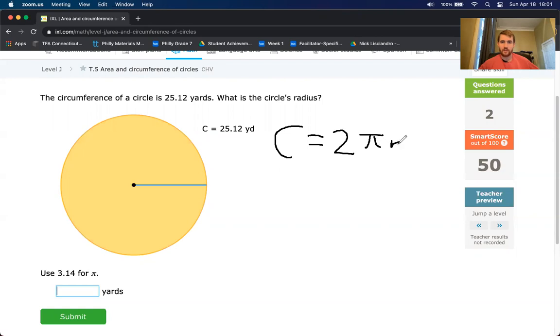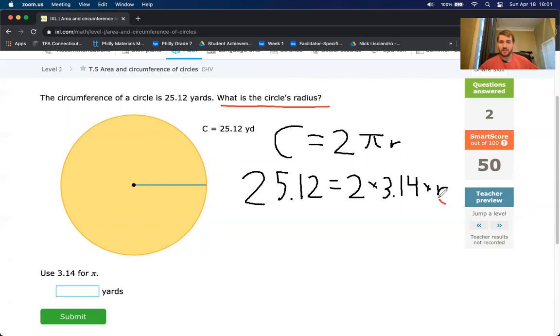All right, what is the circumference? We know that this time, so we can put in 25.12 equals 2 times pi, that's 3.14, times r. And we don't have r, but this is what we're actually trying to figure out, right? The problem is asking us, what is the circle's radius? This is what we want to know.